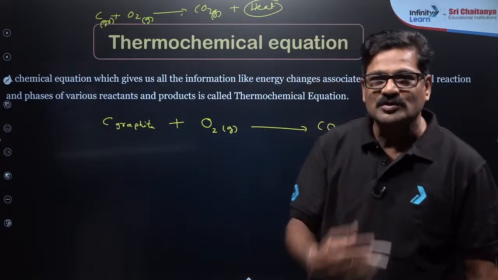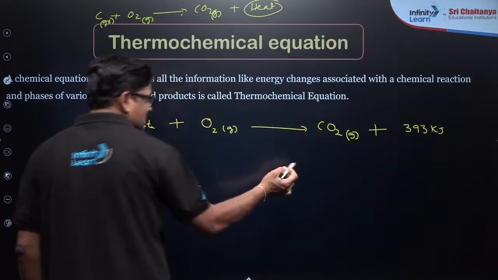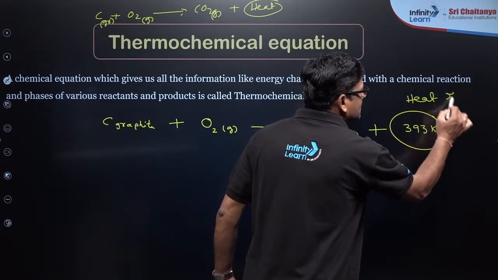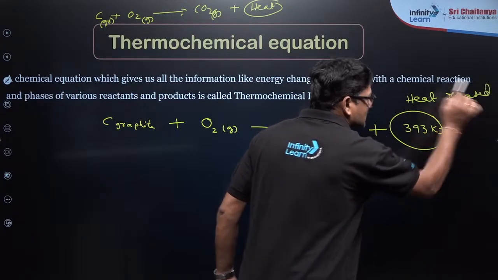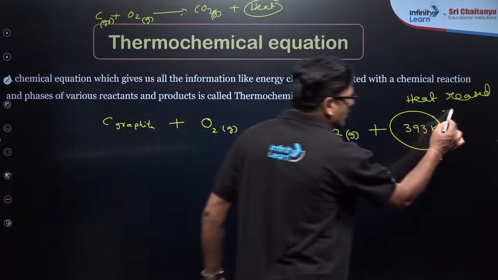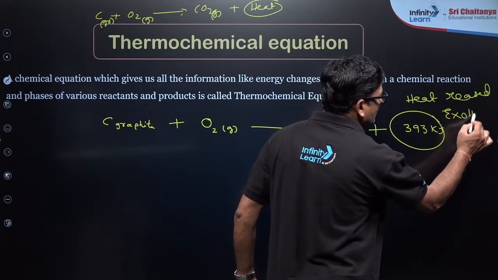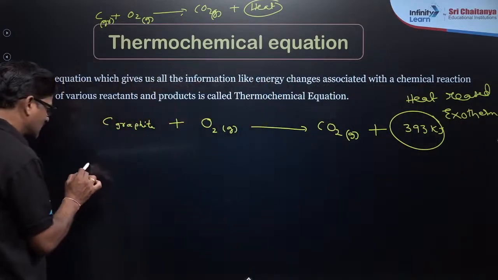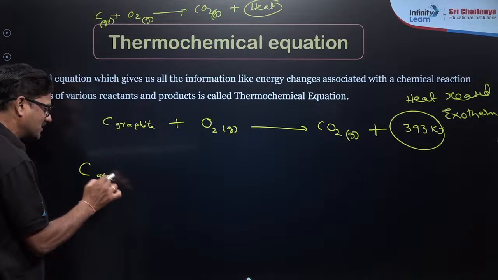Okay, how do you do this? So heat is released. This heat released is written in the form of enthalpy. So that is called an exothermic reaction. So I want to say this is carbon in graphite physical state.